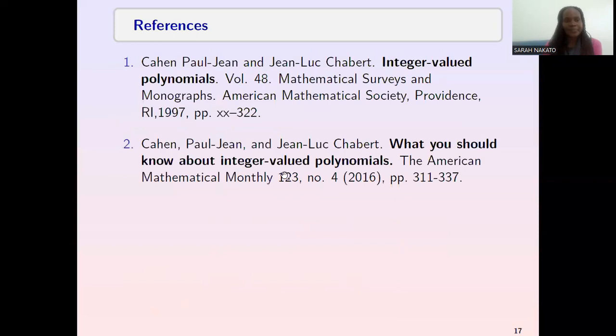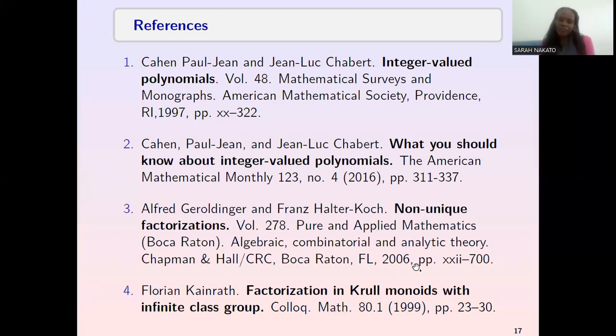Great. So these are some of our references. This is the general reference for integer valued polynomials. I learned from Professor Frisch the other time that Professor Schaberth is working on a new version of this. And then here is a friendly introduction to integer valued polynomials, what you should know about integer valued polynomials. The general reference for non-unique factorizations is this one.